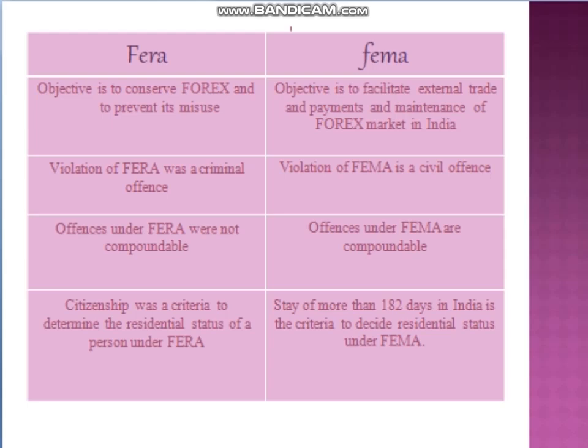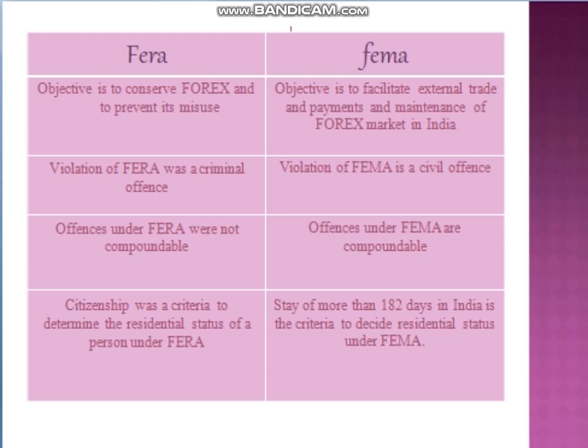Then, citizenship was a criterion to determine the residential status of a person under FERA. There was a big difference in the definition of resident under FERA and income tax. In case of FEMA, the provisions are consistent with the Income Tax Act in respect of the definition of the term resident.